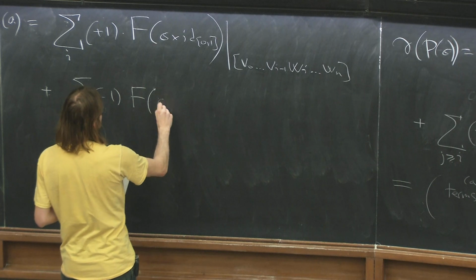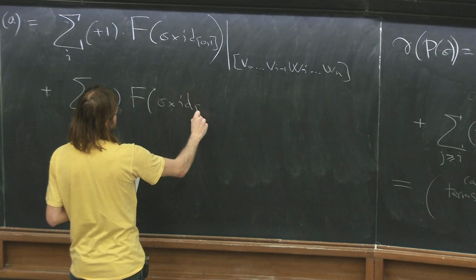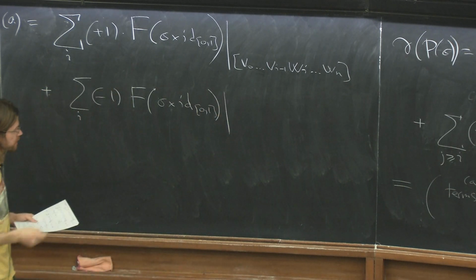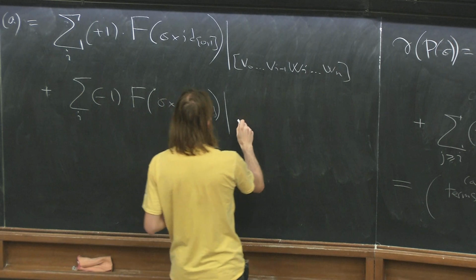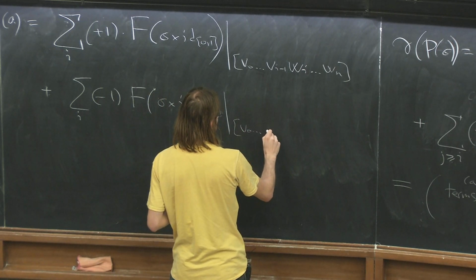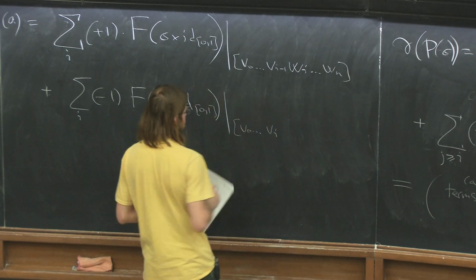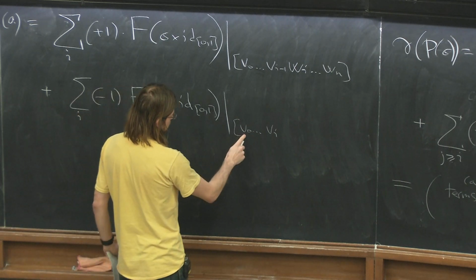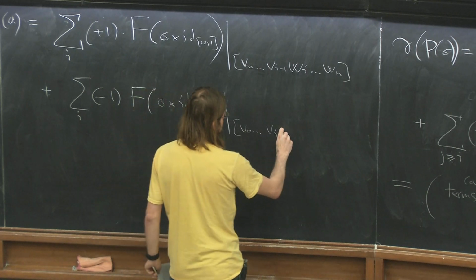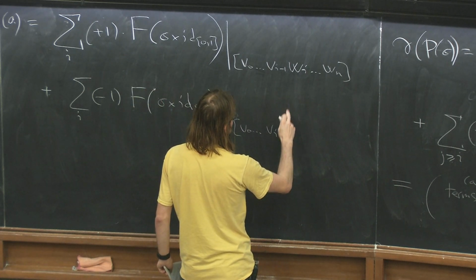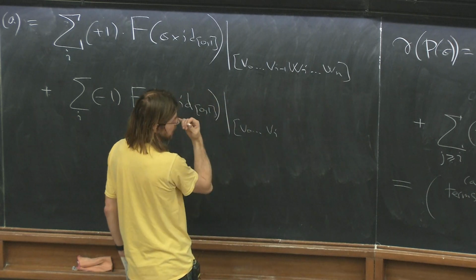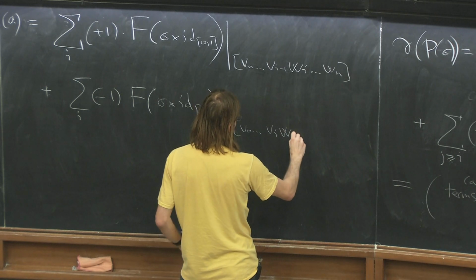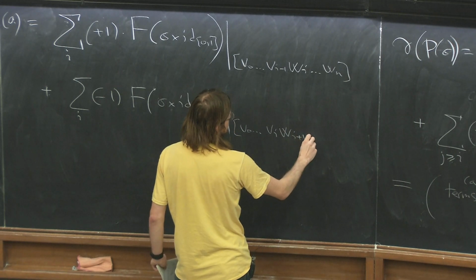This piece will be from the terms j equals i, where we removed one of the w vertices. So this means, in particular, we'll have vertices v0, all vertices from v0 to vi, but then we remove, since we take the term when j equals i, we remove wi, so we will follow immediately with wi plus 1.